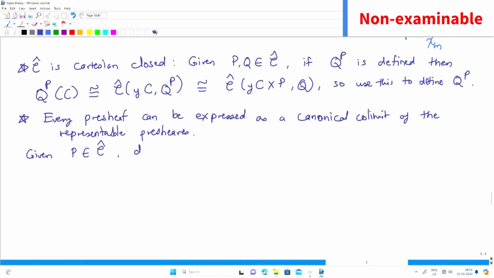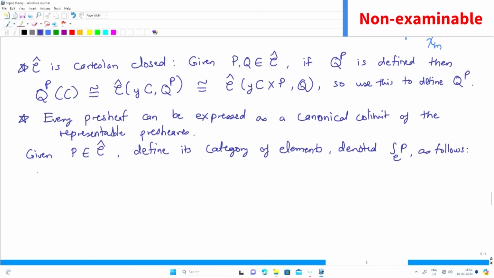define its category of elements, denoted integral P over C, as follows.